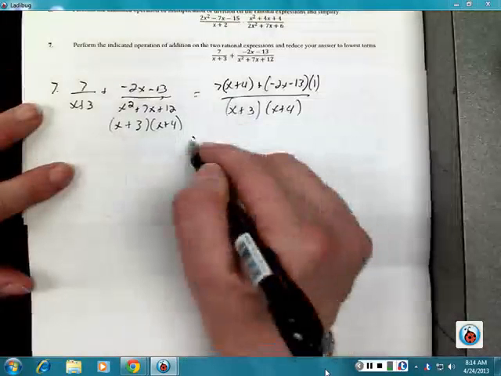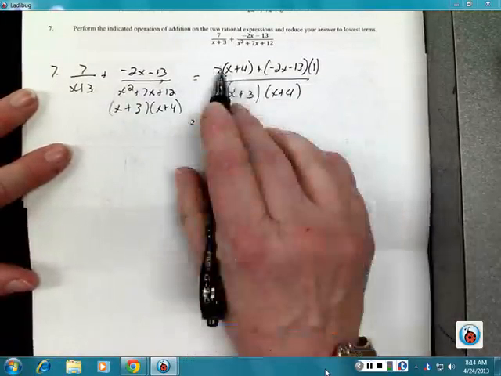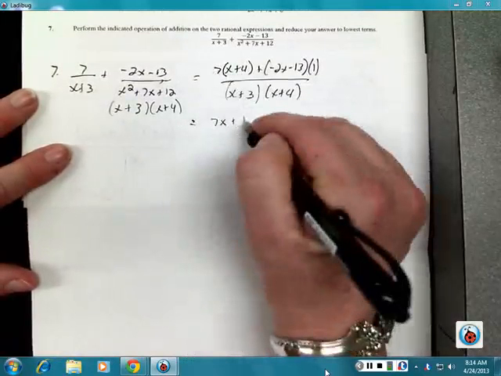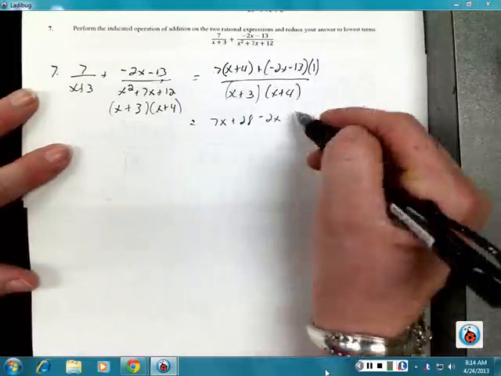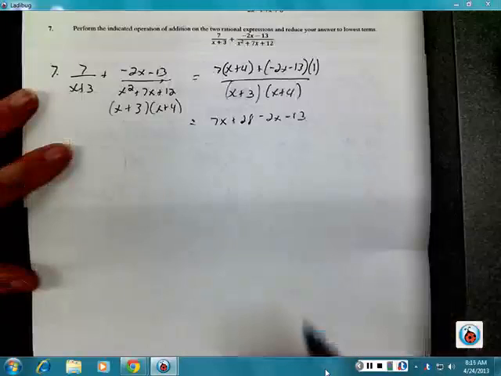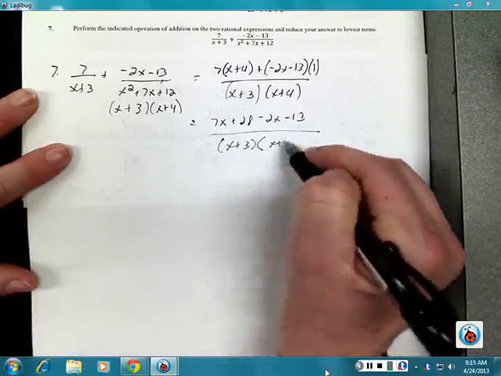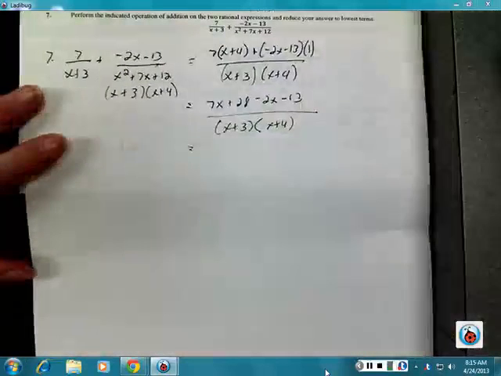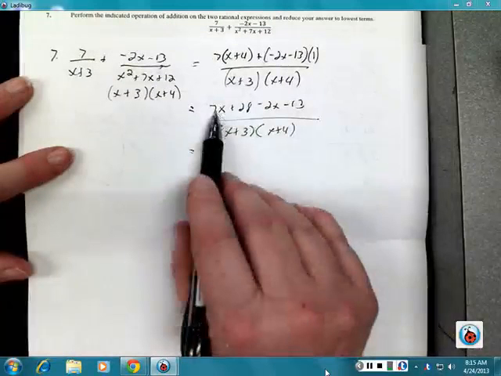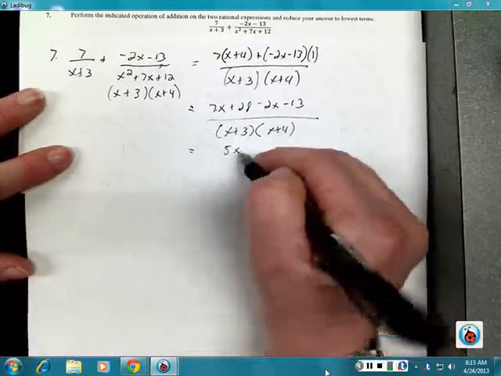So distribute. So I have 7 times x is 7x. 7 times 4 is plus 28. Plus a negative 2x minus 13 all over x plus 3 and x plus 4. So now I got to combine on the top. 7x and negative 2x is 5x.